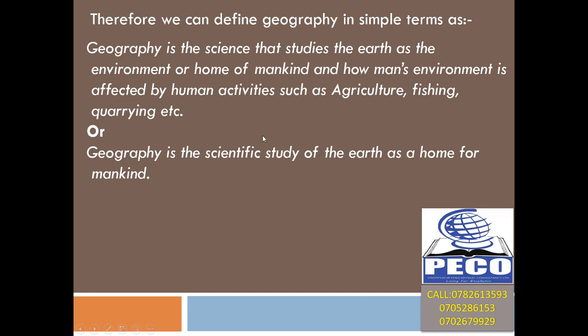From this earth is where we're getting the environment as a home for mankind. So that is how we can define it, and I hope you have internalized it. I hope when you explore the photographs that I've given you, you can understand the meaning of the word geography.